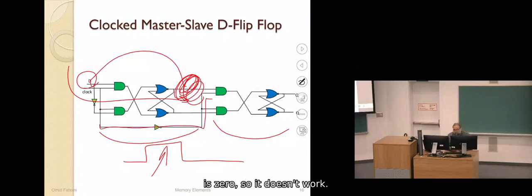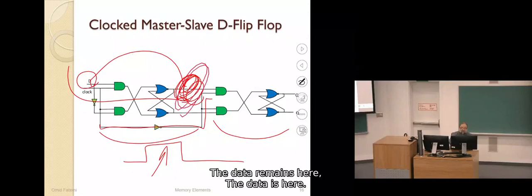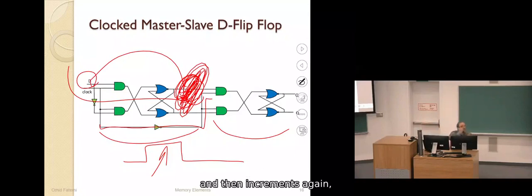So it doesn't work, and the data remains here. The data doesn't move out. And it doesn't cause the problem that we talked about, because the data hasn't gone out to come back to the incrementer and increment again. So the data is here in the middle, not in the output.